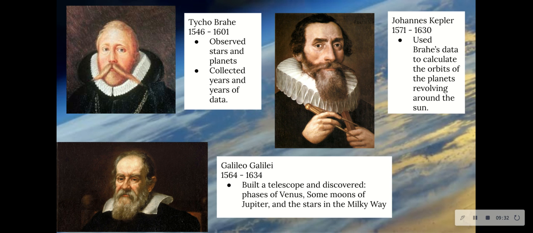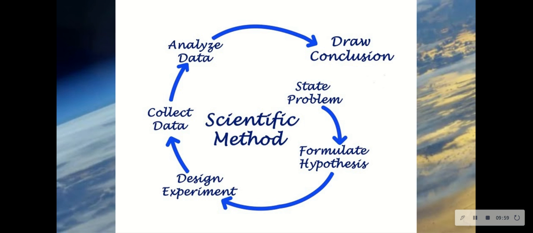Once Galileo found out about that news, he created his own telescope, which is apparently more high-tech than the one that was created before. And he discovered the phases of Venus and moons of Jupiter and the stars of the Milky Way. And all this data he collected was really important at this time.